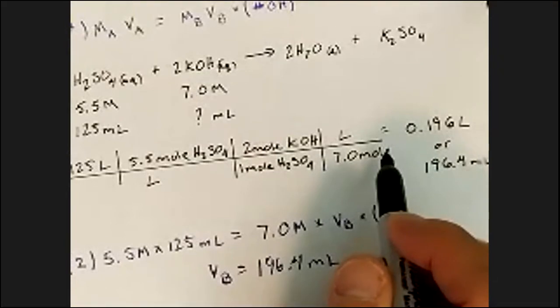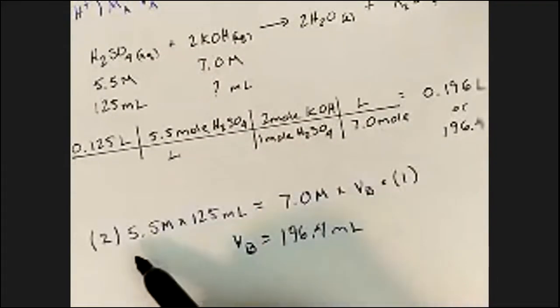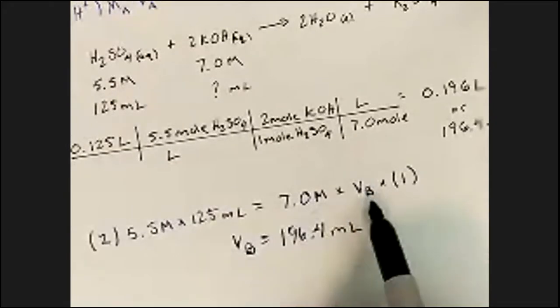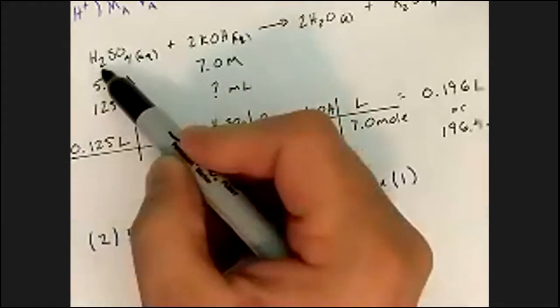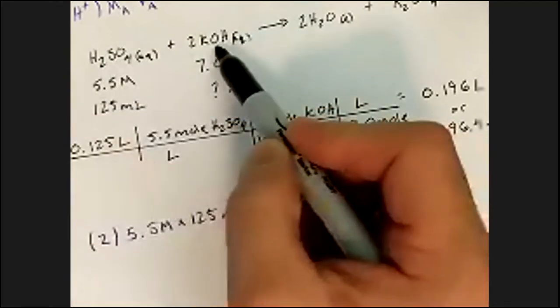But if we recognize that it is an acid-base problem, then you can just use the molarity of the acid times the volume of the acid equals the molarity of the base times the volume of the base. And the only adjustment here is the number 2, which comes from the 2 in the acid. And there's a single hydroxide.